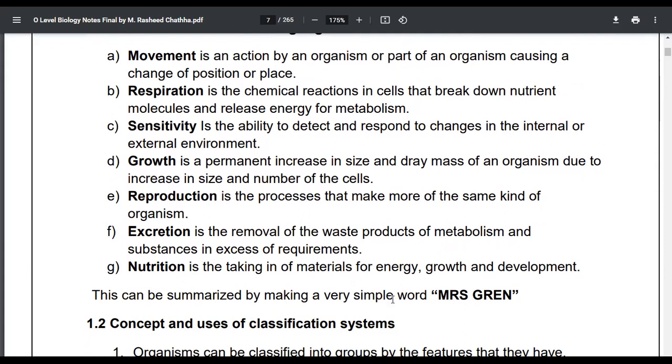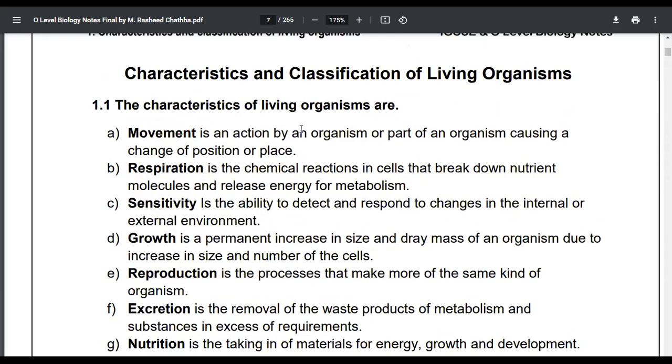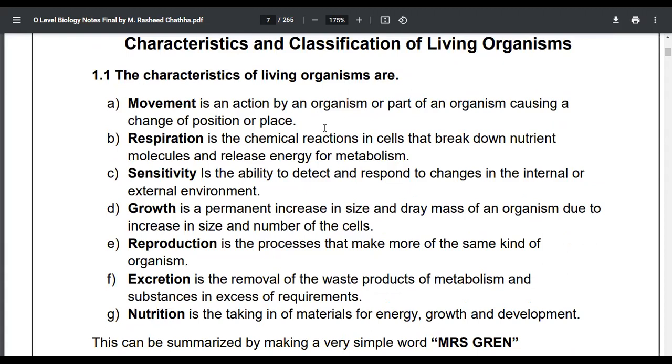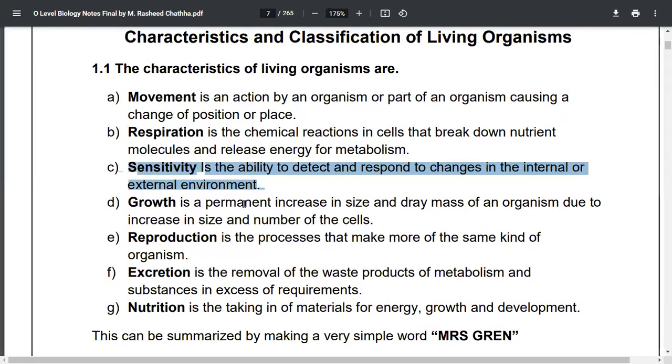For example, movement. It's an action by an organism or part of an organism causing a change of position or place. Respiration is the chemical reaction in the cell that breaks down nutrient molecules and releases energy for metabolism. And sensitivity is the ability to detect and respond to changes in the internal or external environment.